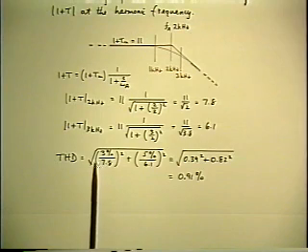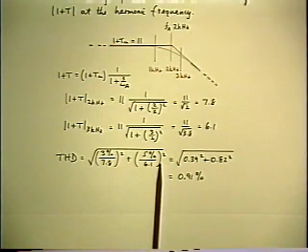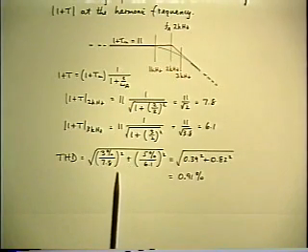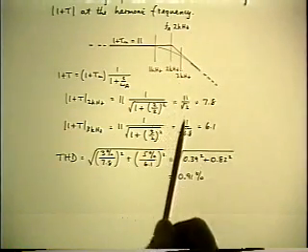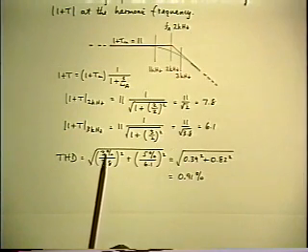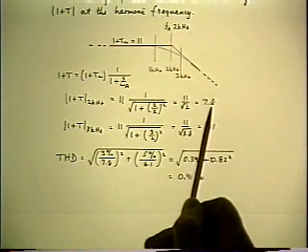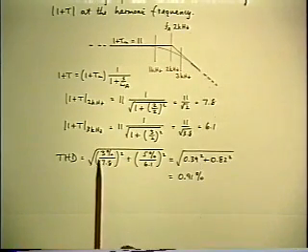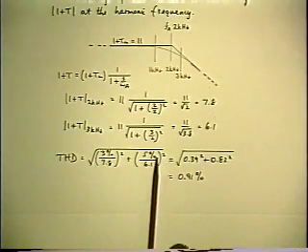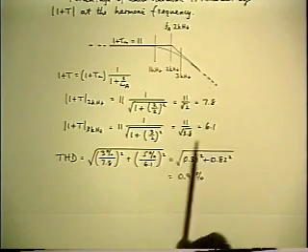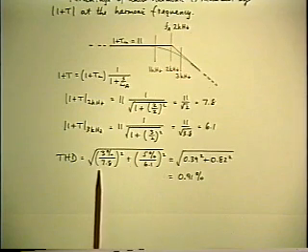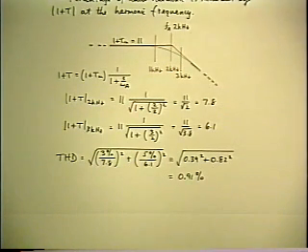The RMS combination is the root of the sum of the squares. So in this case, we only have 2 harmonics specified. So the second harmonic originally was 3%. Now it's going to be divided by F at 2 kilohertz, which is 7.8. Then you square that. And then the third harmonic was originally 5%. That gets divided by 6.1. Square that. Add it to the first one. Take the square root. And the result is a little under 1% THD.